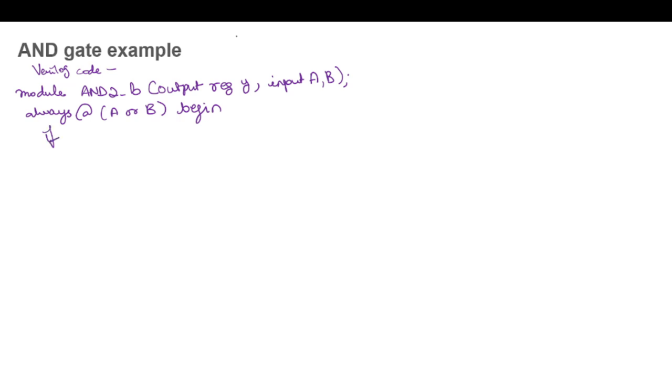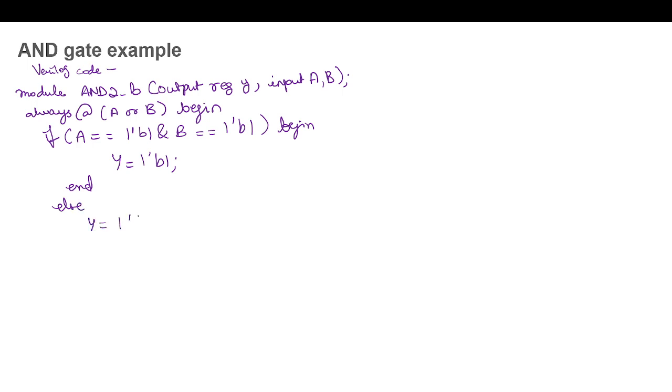You know that if any one of the inputs is 0, the output is 0. When a is equal to 1'b1 and b is equal to 1'b1, the output y is assigned 1'b1, else y is equal to 1'b0. Then end the module.